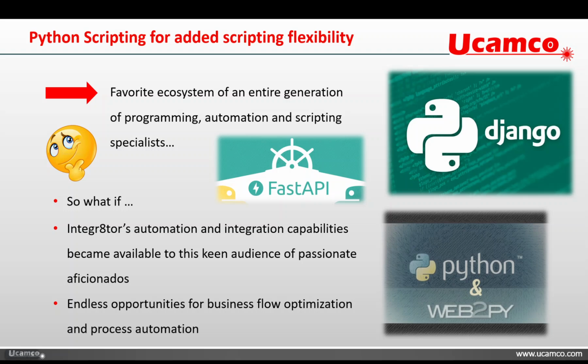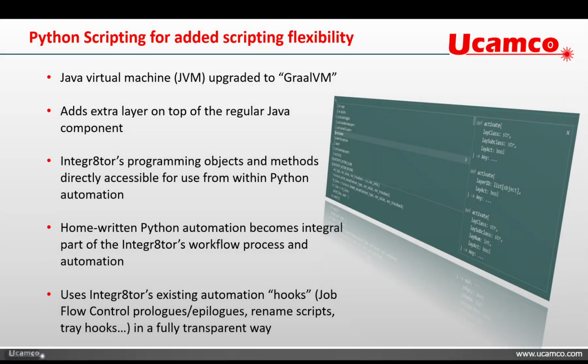And that, of course, creates a whole lot of opportunities for business flow optimization and process automation. Because, as I said, this whole community is very familiar with the Python language.